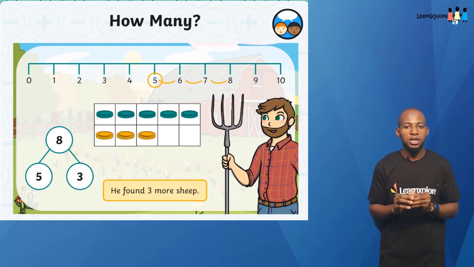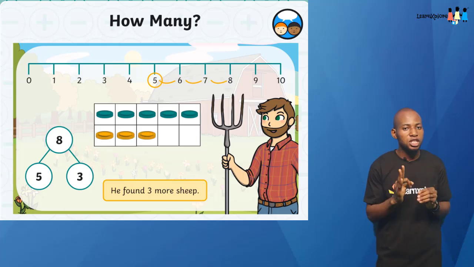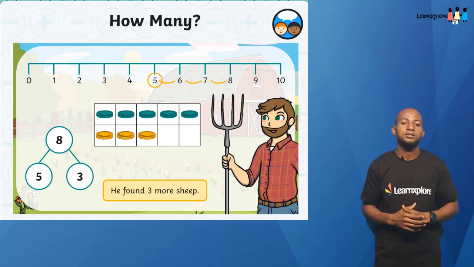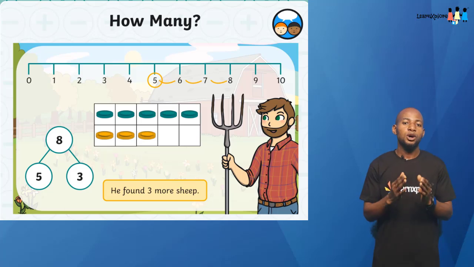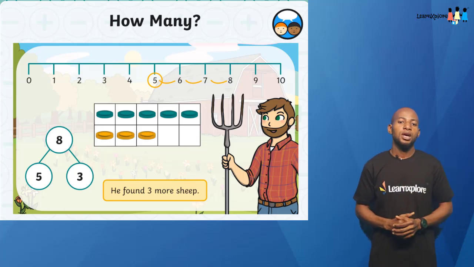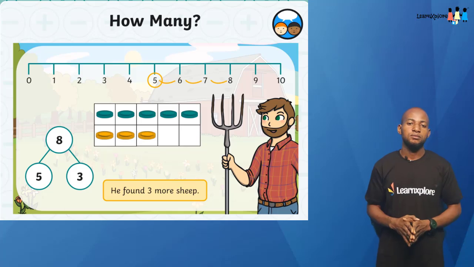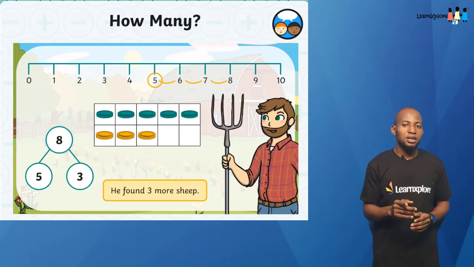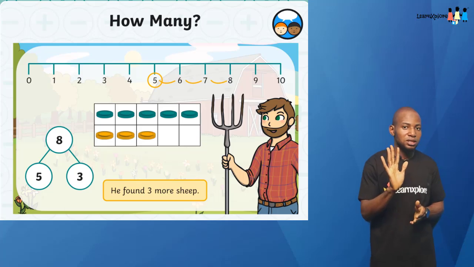This yellow counter shows that 3 sheep were added. On the part to whole model, if 8 is the whole, then 5 and 3 are the parts. Look at it on the number line. Remember, we were told that he had 5 sheep, right?